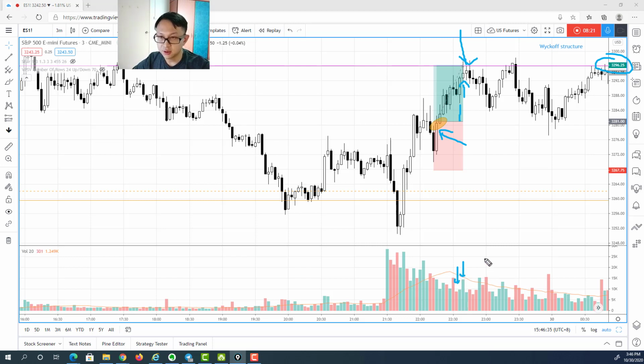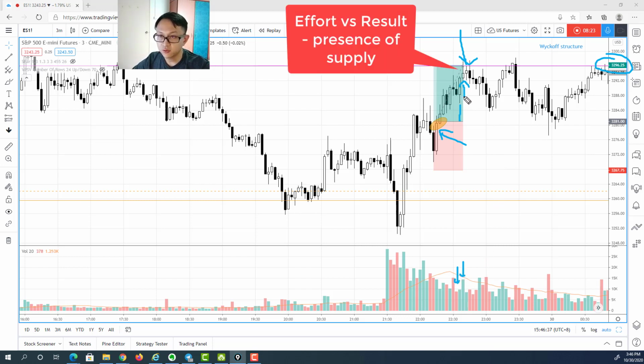That's the effort versus results. With this strong bullish bar and the volume that we have, subsequently we have even increasing volume. With the increasing volume, increasing demand, but what we have is actually a slightly smaller spread bullish bar with a rejection tail.